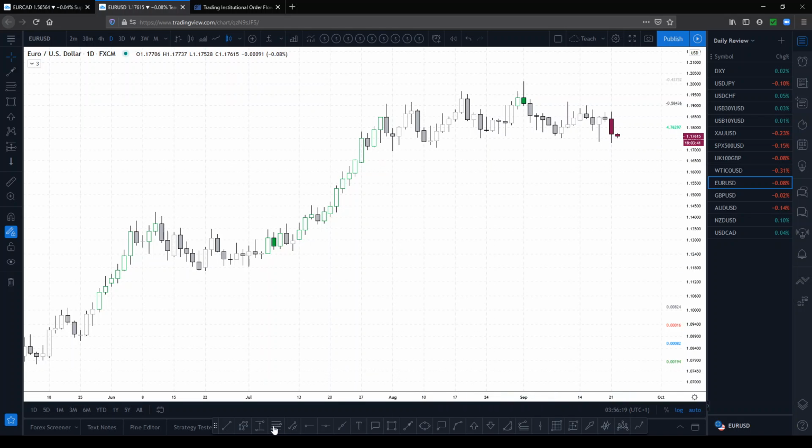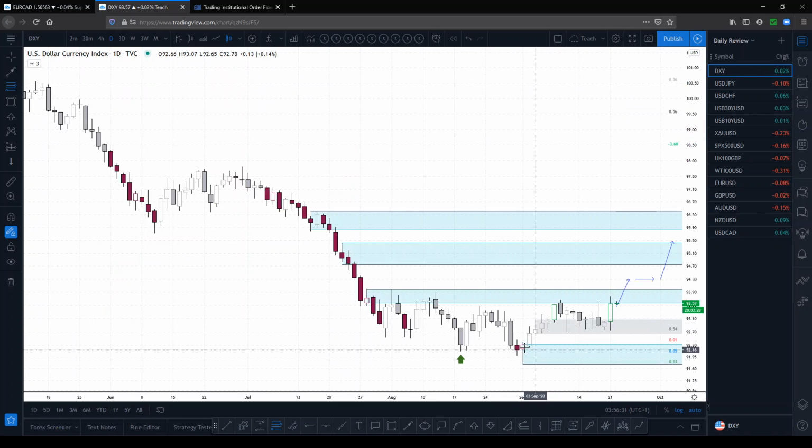Now, the euro managed, for its case, it's obviously the opposite to the dollar. It managed to make it to that supply zone, which is the opposite of this demand zone down here in the US dollar.